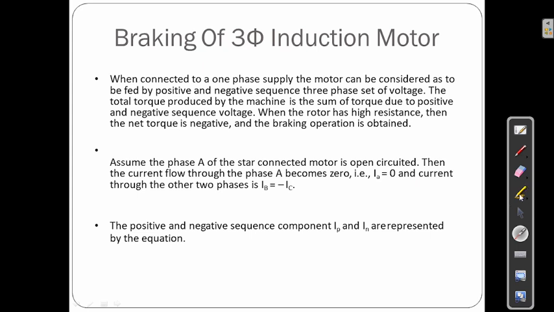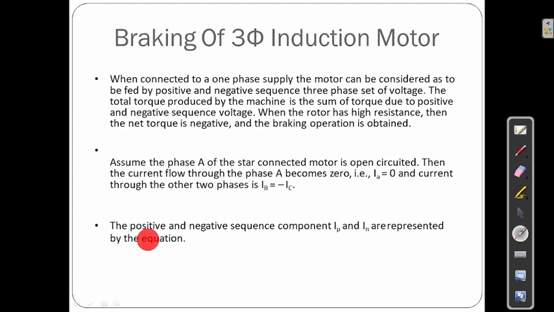If phase A of the star connected motor is open circuited, then the current flow through phase A becomes 0, which is here I_A equal to 0, and the current through the other phases I_B equal to minus I_C.